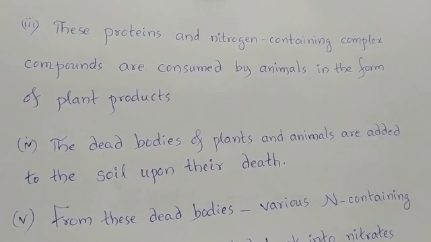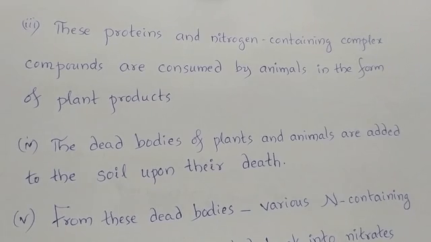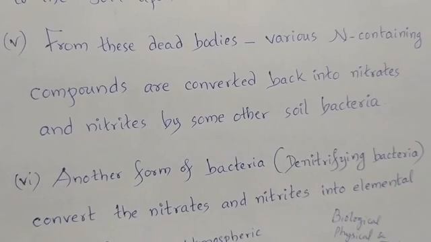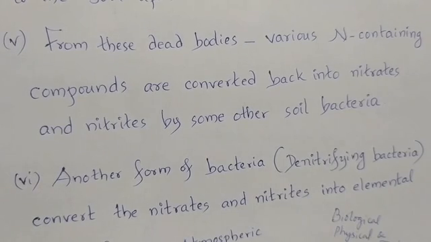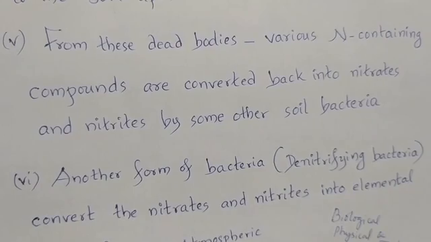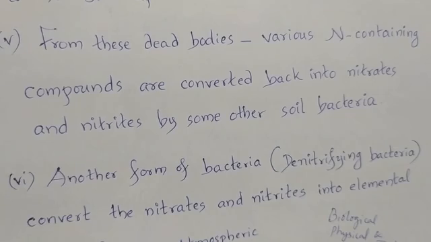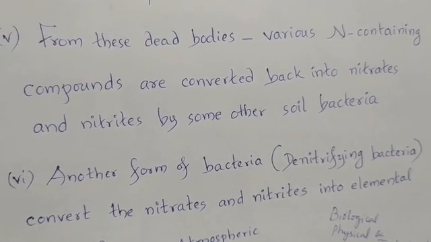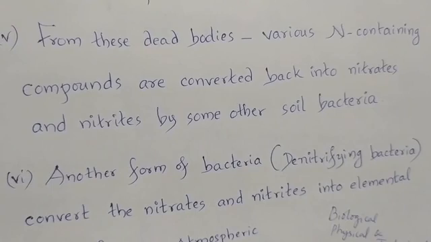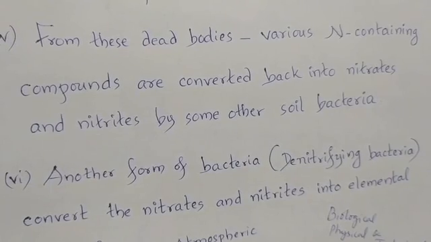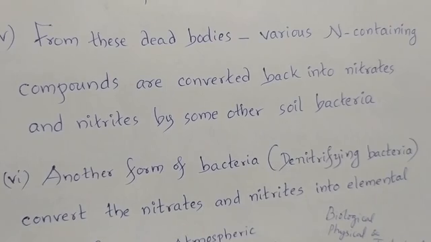After the death of the plants and animals, the dead bodies of plants and animals are added to the soil. From these dead bodies, various nitrogen containing compounds are converted back into nitrates and nitrites by some other soil bacteria. Right? Okay.